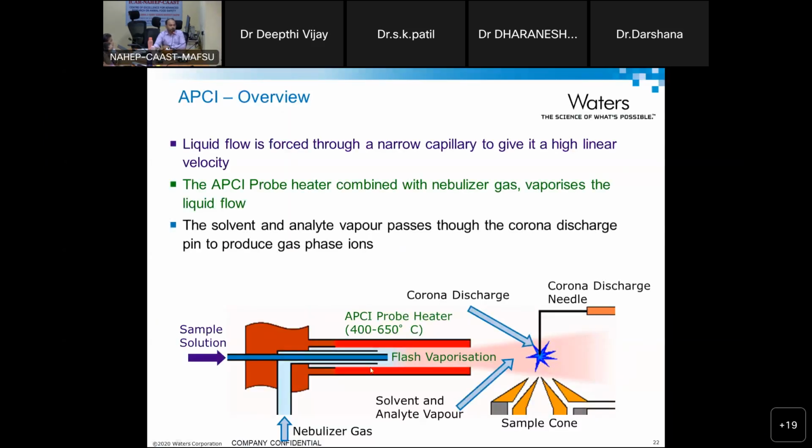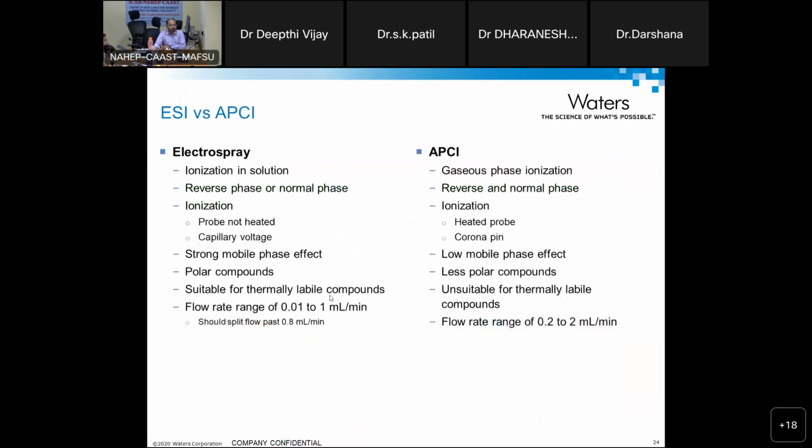Okay, so the solvents and analyte vapor will further move to the corona discharge pin, which has been applied with a very high voltage. The molecules will get ionized and then further move to the sample cone. So what is the basic difference between electrospray and atmospheric pressure chemical ionization?